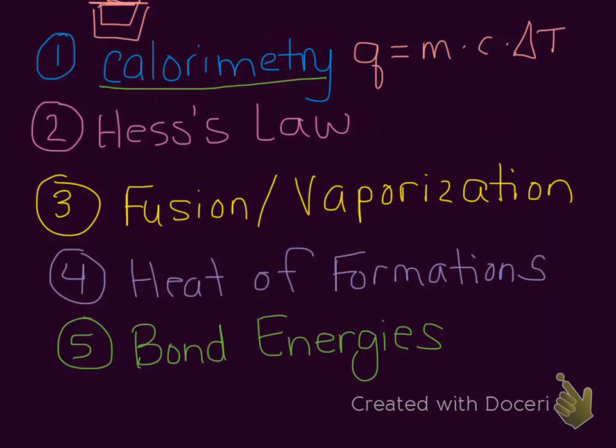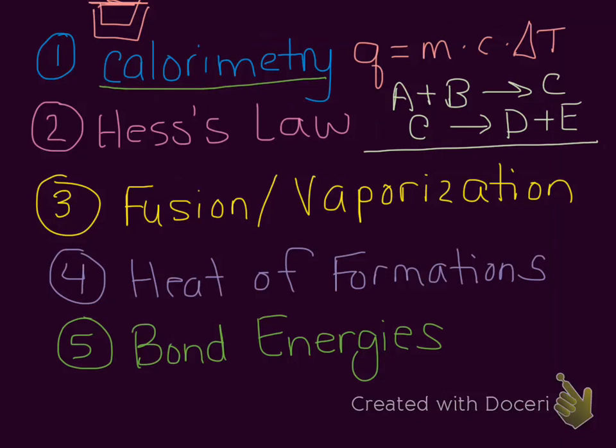So for this one, you'll have a list of ones like A plus B gives you C, and C can break down into D plus E. And so if the reaction you're trying to solve for is, let's say, A plus B goes to D plus E, well, you can take the delta H1 value and the delta H2 value, and you can add the two of these up, and that will equal this one.